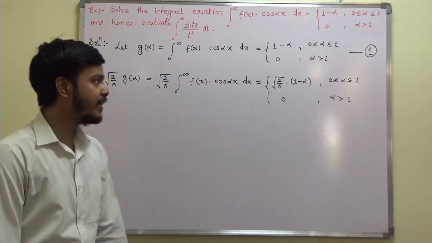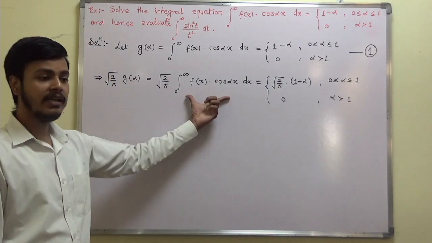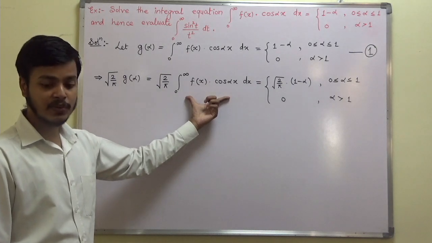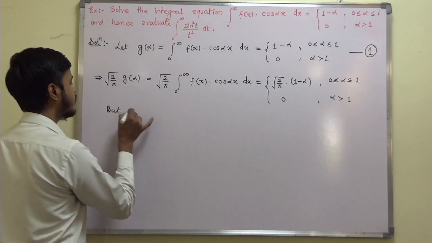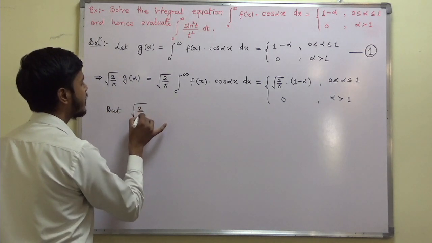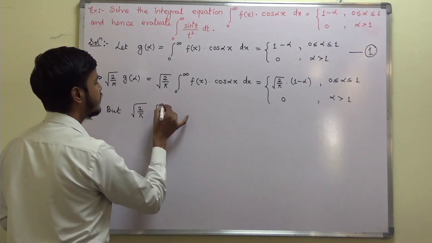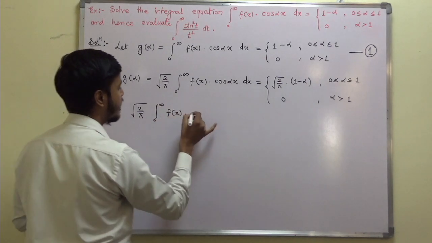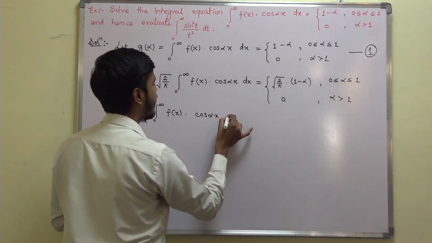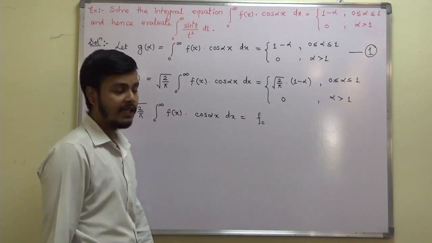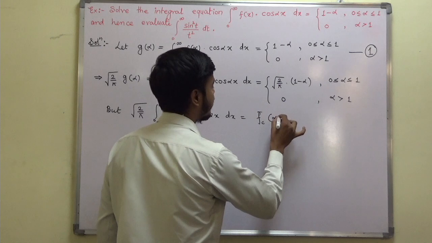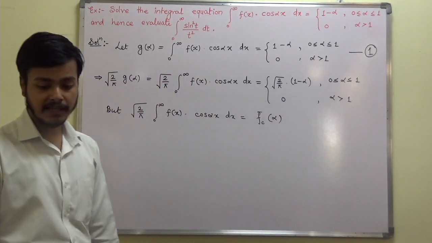Simple. Now as you can see, this is my definition of Fourier cosine. So under root 2 by pi integration 0 to infinity f of x into cos alpha x dx is my Fourier cosine transform, Fc bar of alpha, because here the parameter is alpha.